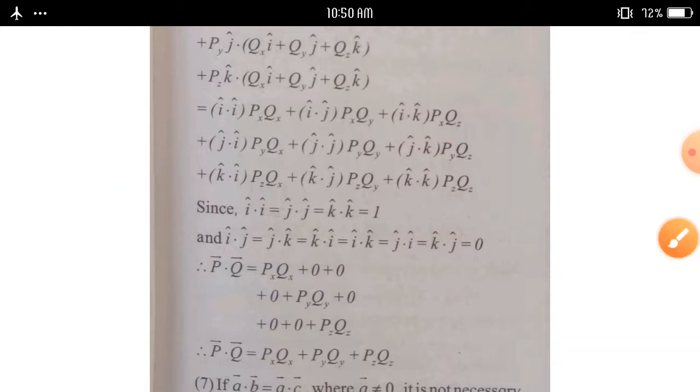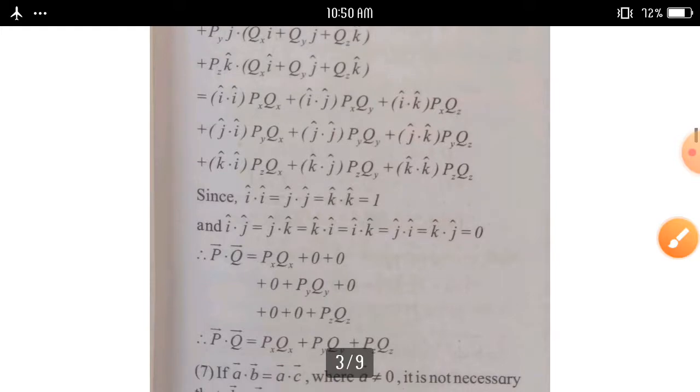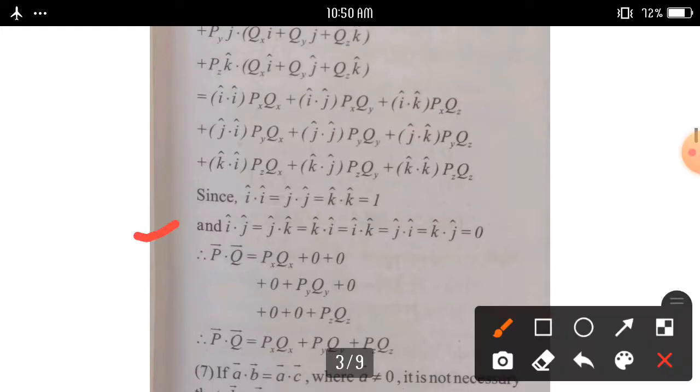Since we know that i cap dot i cap is equal to j cap dot j cap is equal to k cap dot k cap is equal to 1, and for different unit vectors the dot product becomes 0.